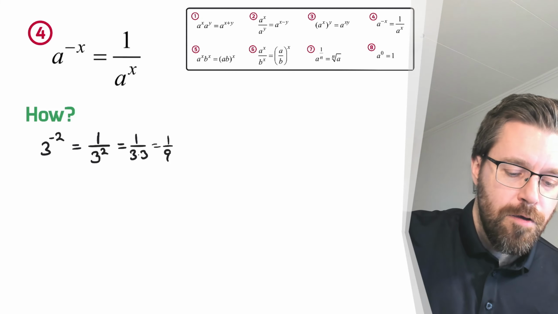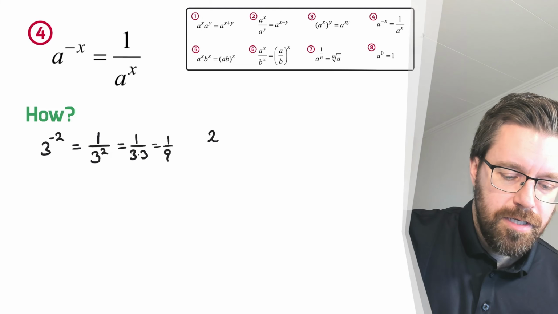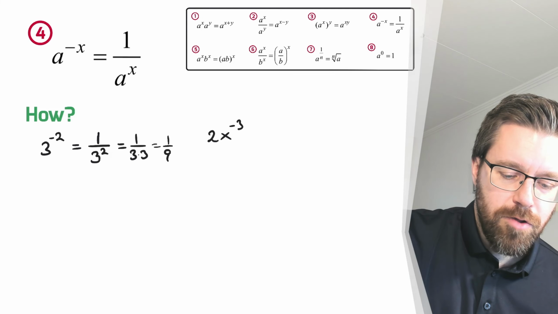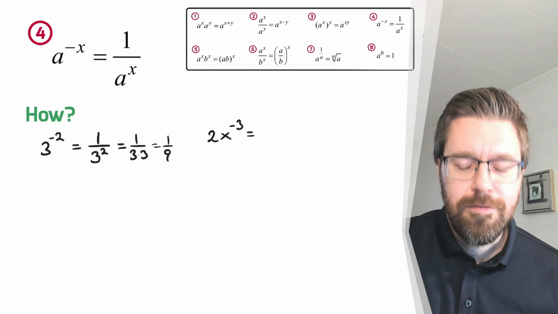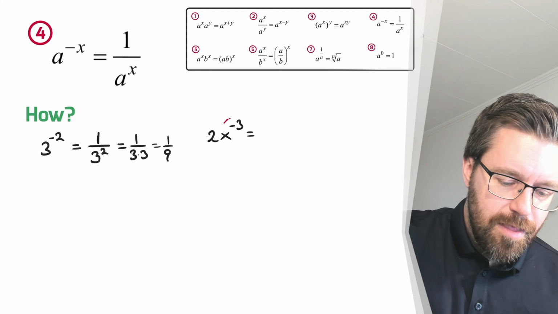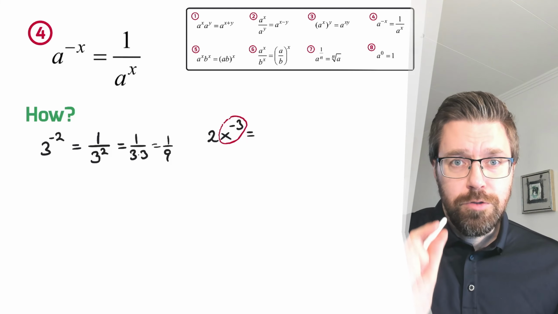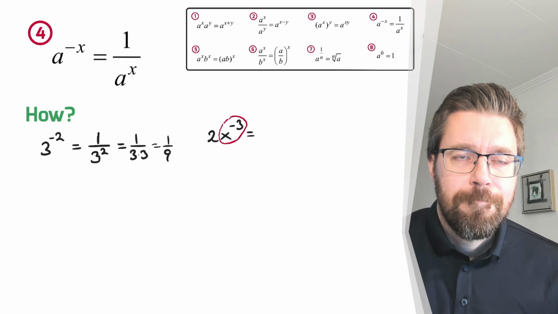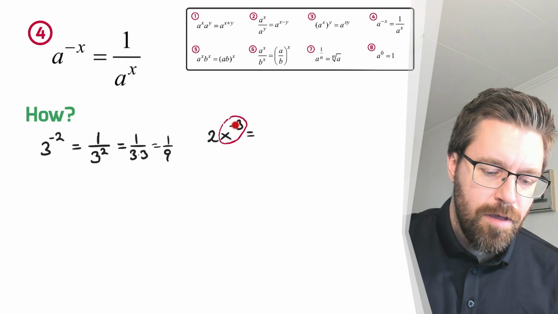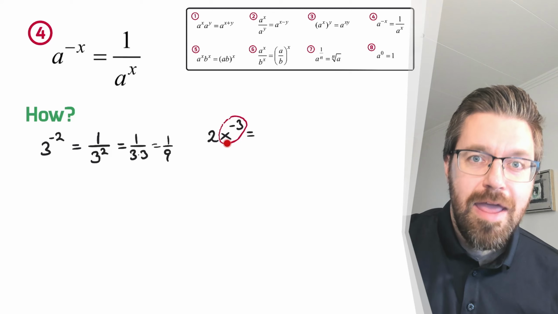Another example. We have 2 times x raised by minus 3. Then you can write it like this. The power is only this thing, because the number 2 isn't inside the base. So the exponent only works on the number x here.